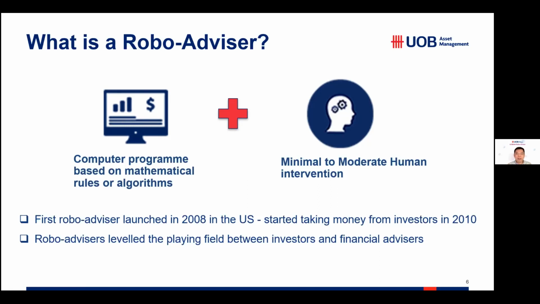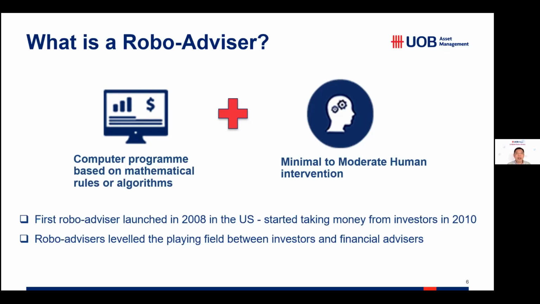And the good thing, of course, is that when you have minimal human intervention, there is less emotion involved in the investing process. So the first robo-advisor actually was launched in 2008, a company called Betterment, and started taking money from investors in 2010. So it was launched after the great financial crisis, right, the GFC. But the principle behind it, or the tool itself, has actually been around much longer.